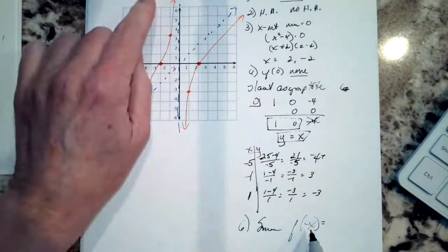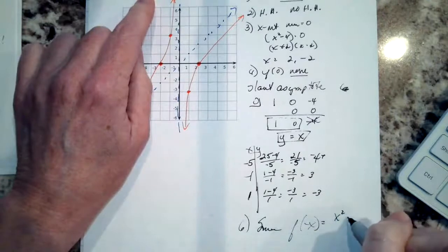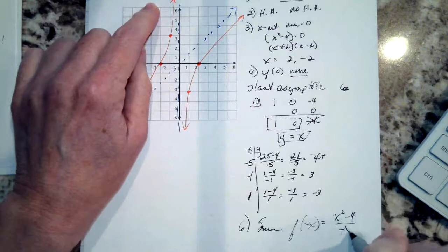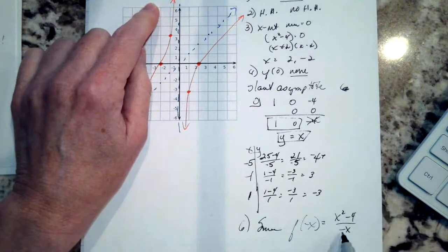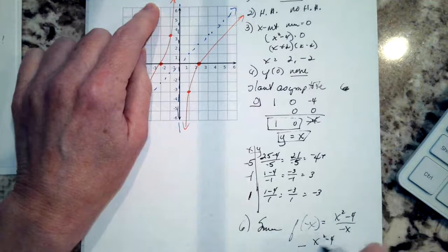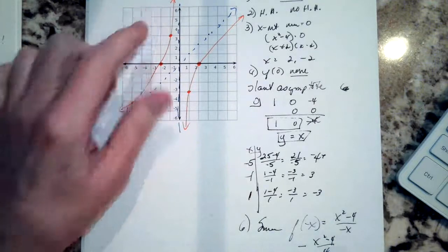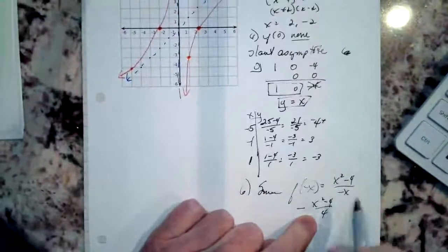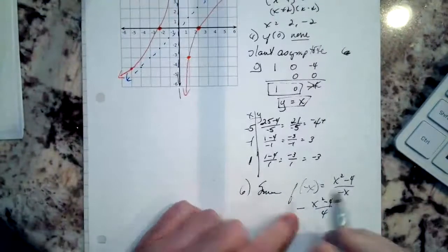If we put a -x in there, -x squared will give us x squared. -4 won't change. x will turn into -x. We can then take that negative and put it out in front, which gives us this original piece, what we started with, with a minus sign in front.